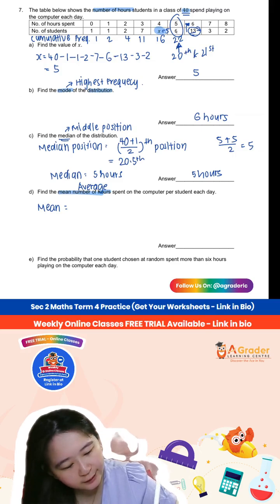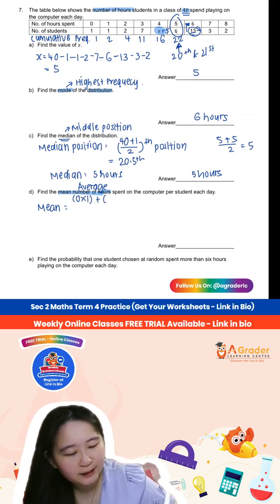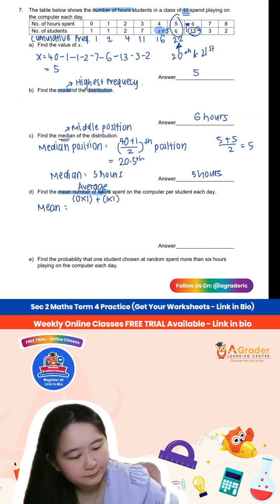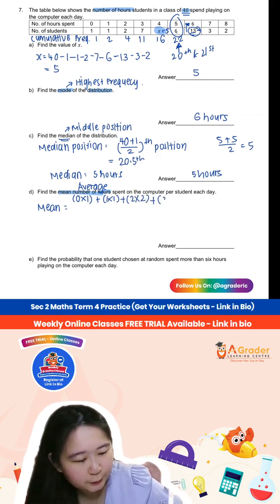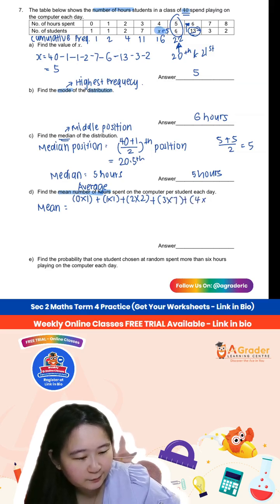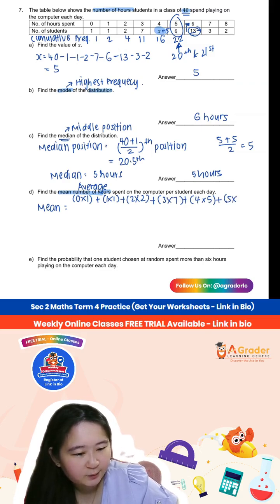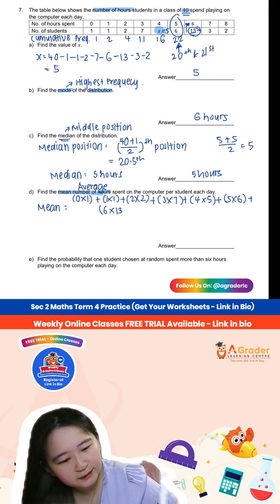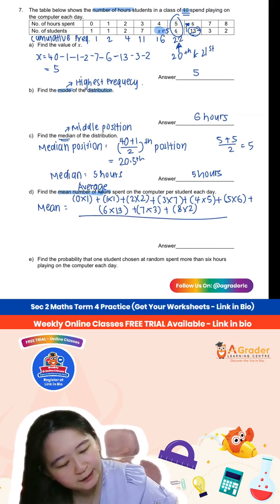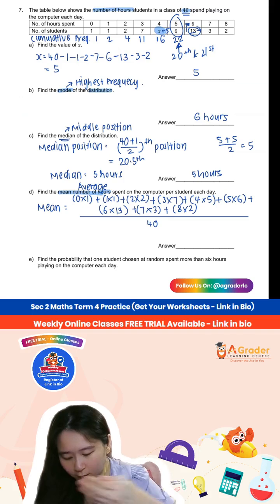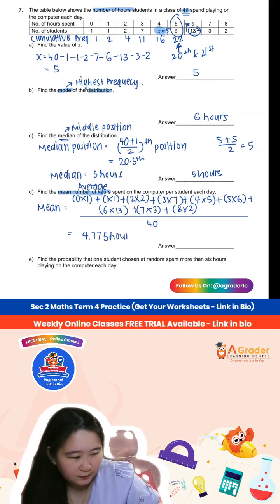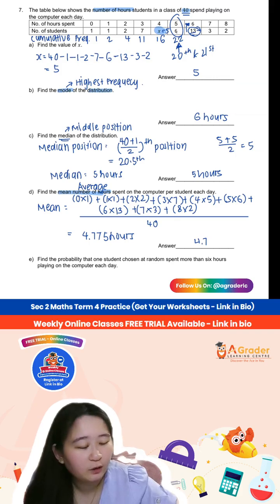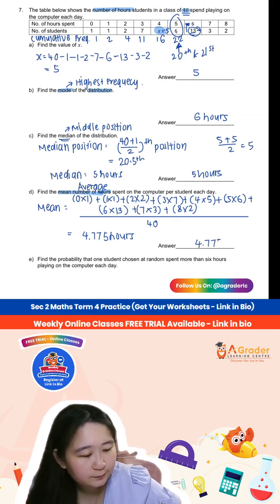So mean equals to, I calculate the total number of hours, 0 times 1 plus 1 times 1 plus 2 times 2 plus 3 times 7 plus 4 times 5 plus 5 times 6 plus 6 times 13 plus 7 times 3 plus 8 times 2 divided by the total number of people, which is 40. So you get 4.775. So as long as the answer is exact, do not round off to 3 significant figures.